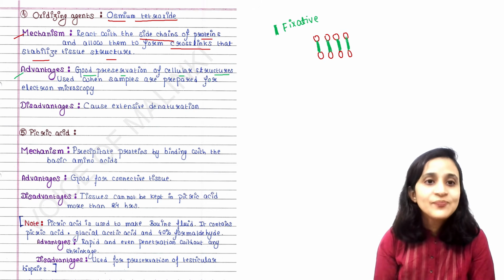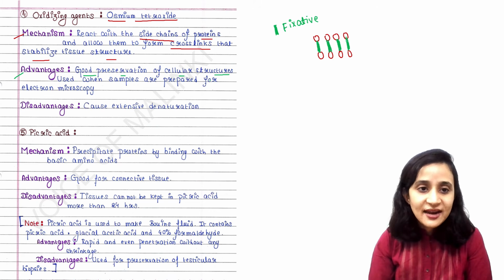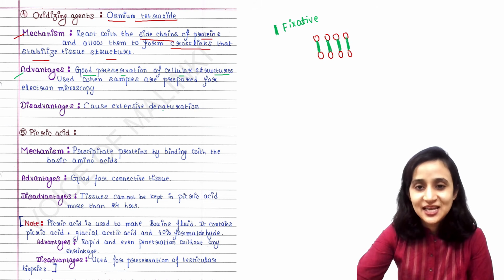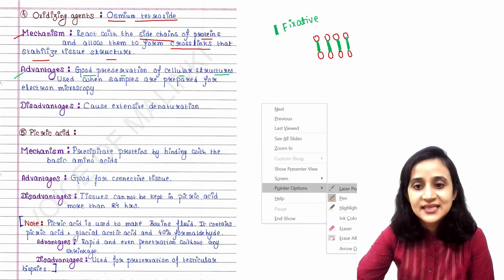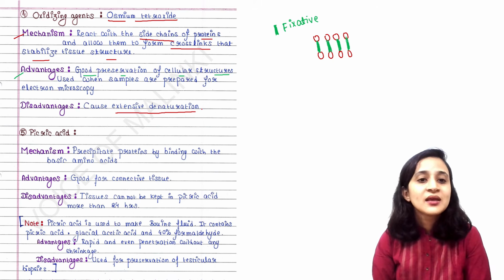We use this osmium tetroxide. The disadvantages are they cause extensive denaturation, and extensive denaturation is definitely not good for the cell.